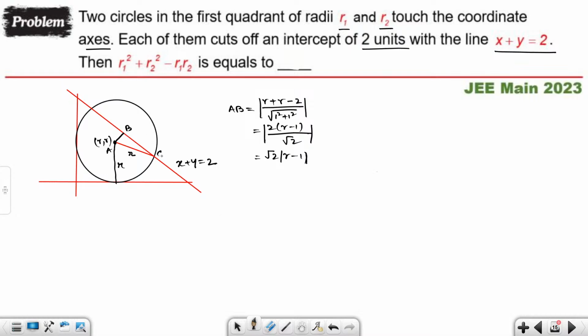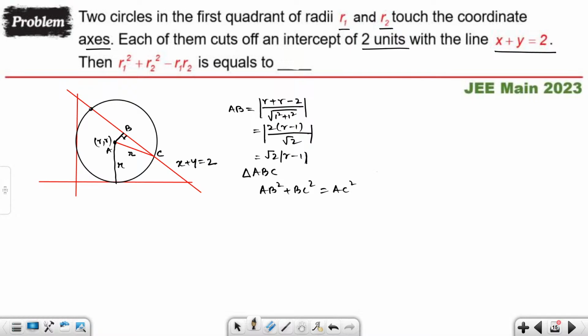Now let us set this point C. Now in the triangle ABC, I am applying the Pythagoras theorem because this is 90 degrees. So using the Pythagoras theorem, you are going to get AB square plus BC square equals to AC square. Now observe one thing.